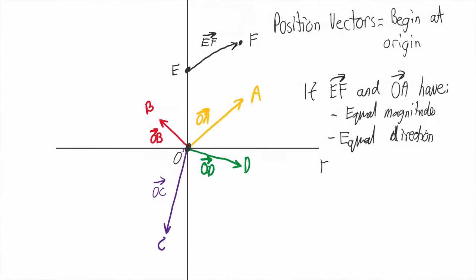Therefore, EF would equal OA. So we have two equal vectors, and this is despite them emanating from different points.